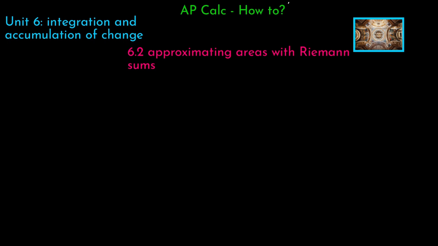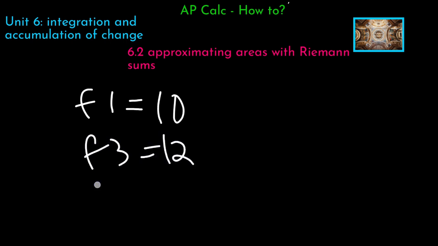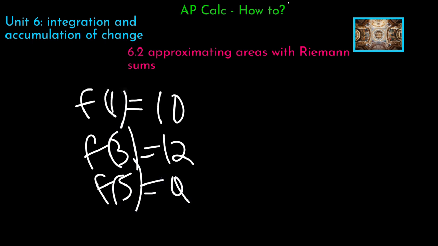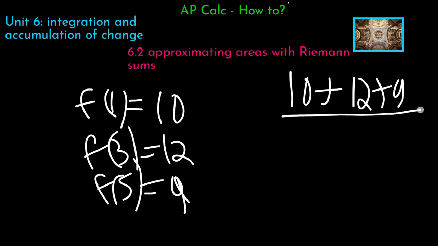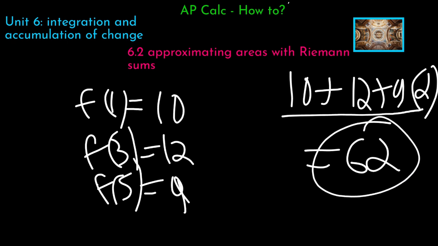Let's say f of 1 is 10, f of 3 equals 12, f of 5 equals 9. For the midpoint Riemann sum, we're going to add these heights and multiply by 2, which becomes 62. So we have 62 units squared using the midpoint method.